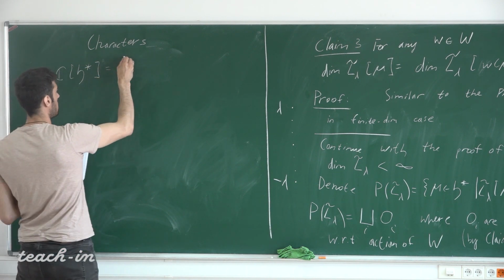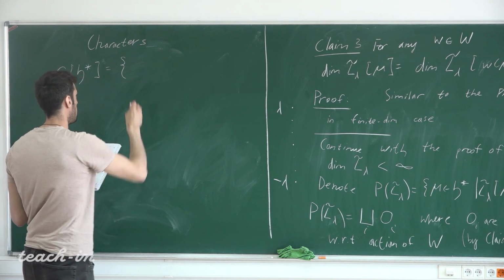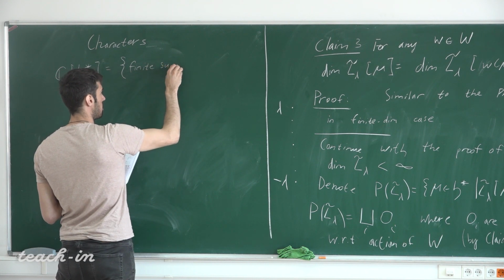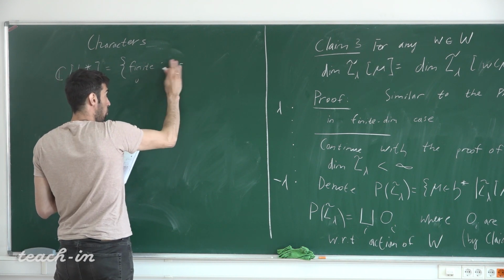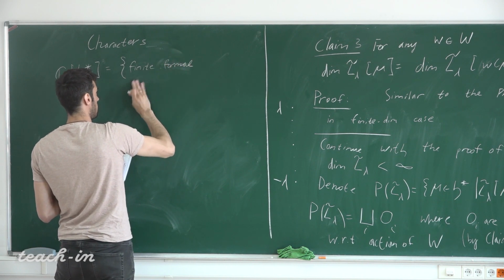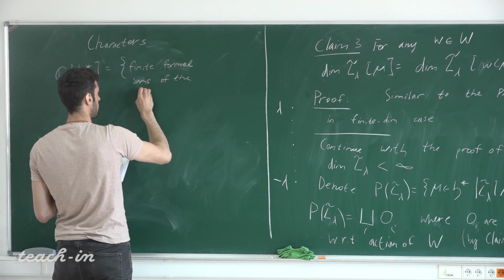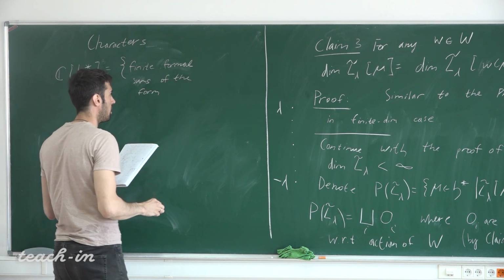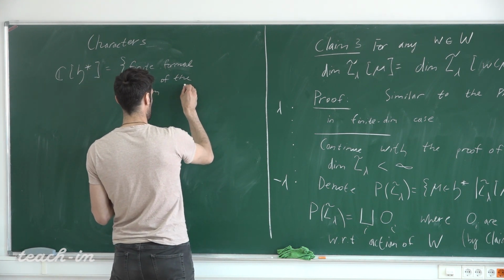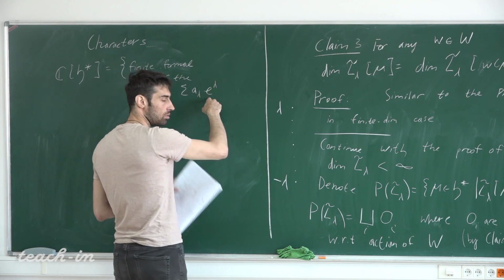And this set consists of finite, like formal sums, I should add, of the form like this. So it's the sum of a_lambda times e^lambda, and this is some formal symbol.